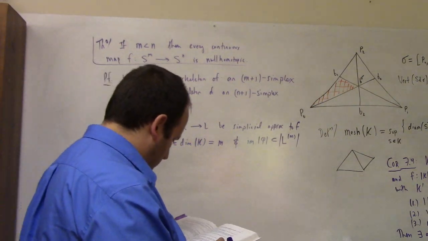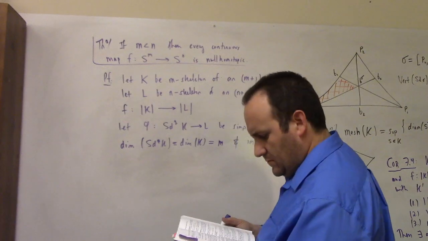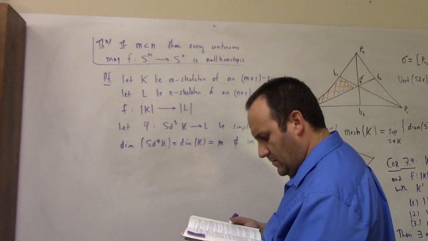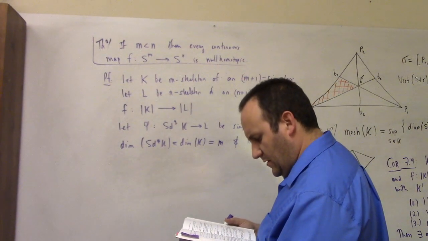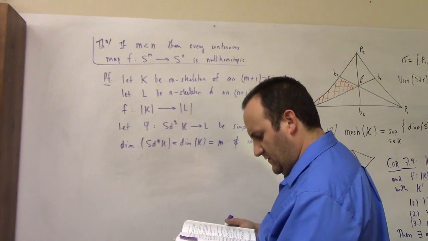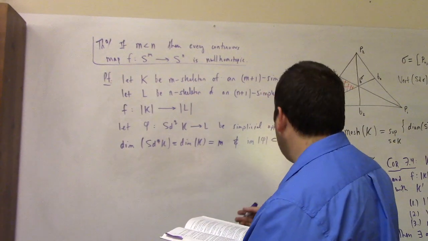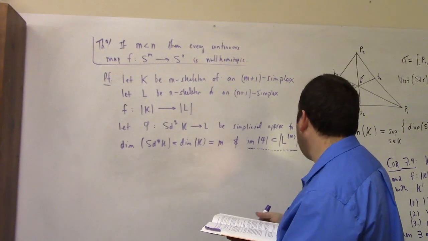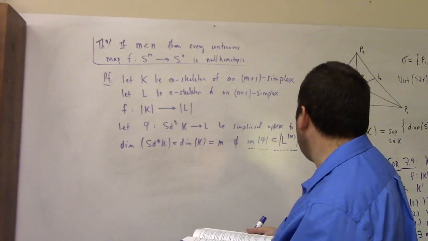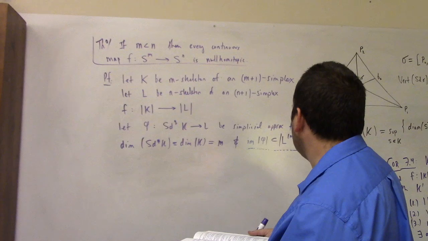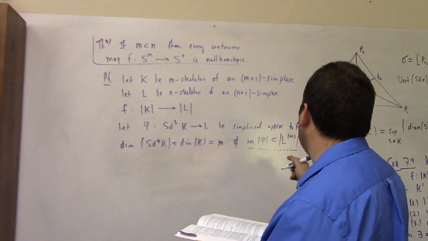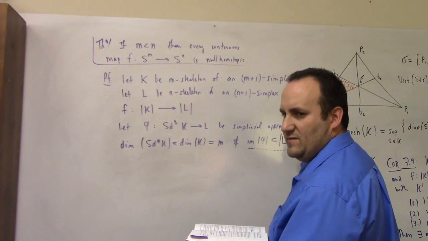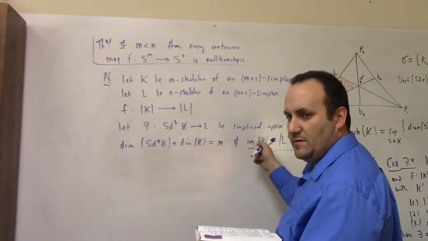Yeah, because it contains all simplices of dimension less than or equal to that number. Why is it that the induced map of phi is not surjective? The image of the induced map of phi is a subset of the m skeleton, so that means this has dimension at most m.